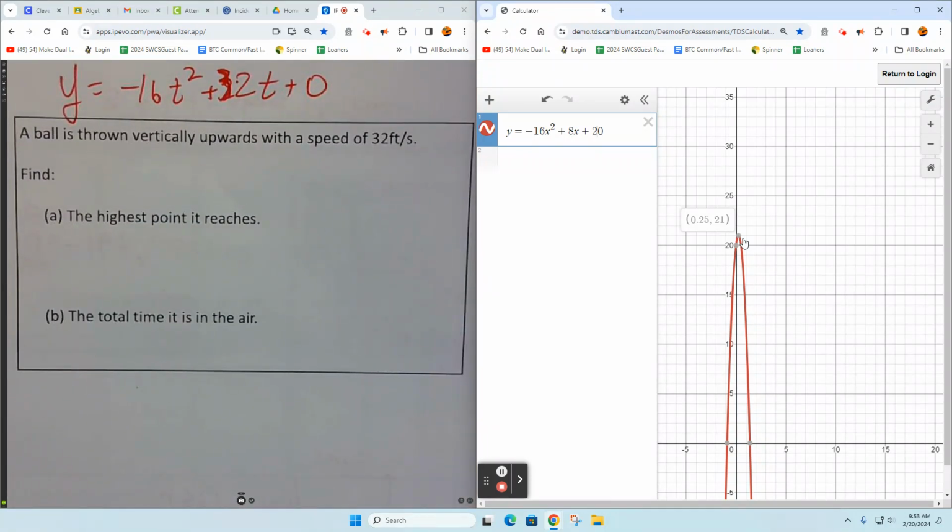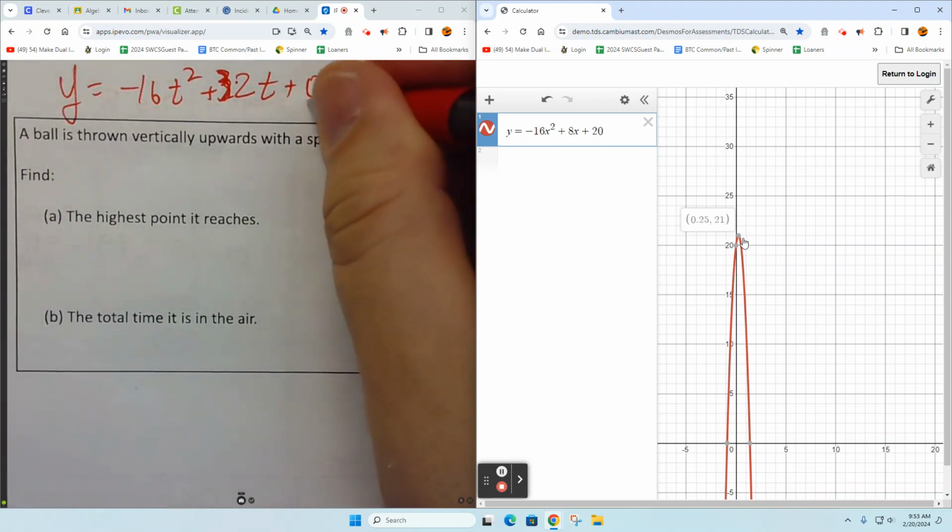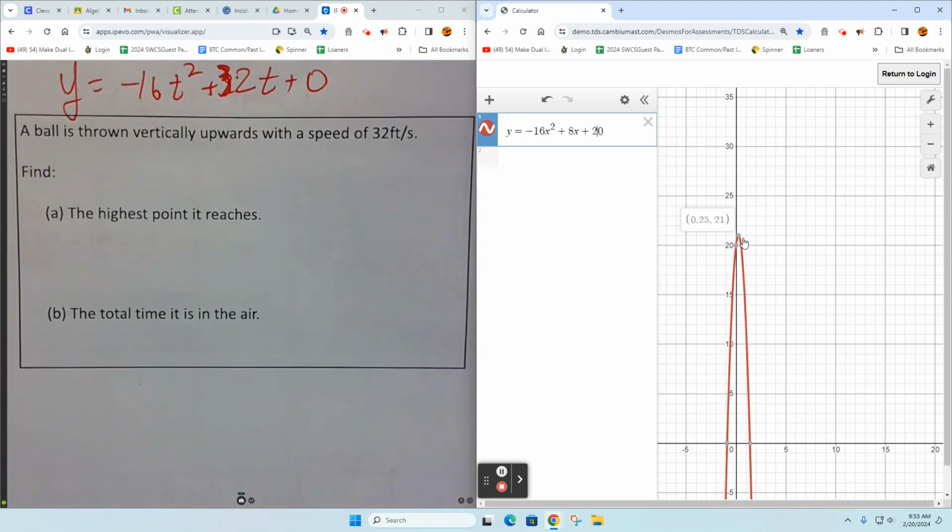Does that make sense? Wait, how would he throw it from the ground? That's a good point. I'm 5'11". If I throw a ball, I'm probably throwing it from 5 feet. So 0 just means from where it started.